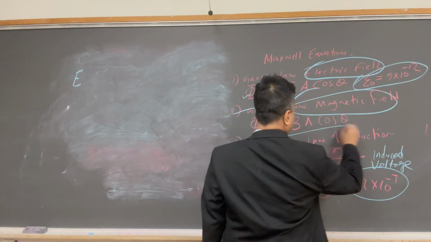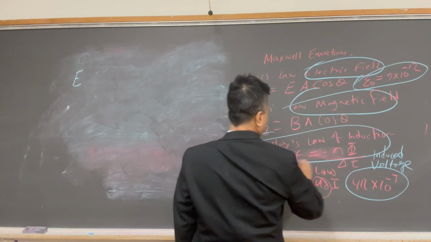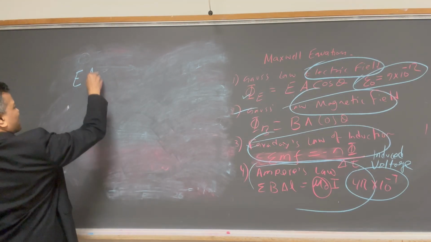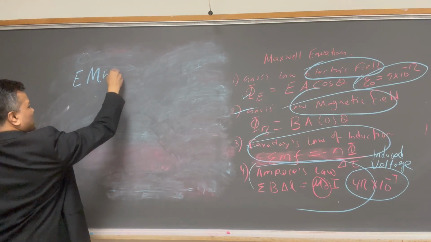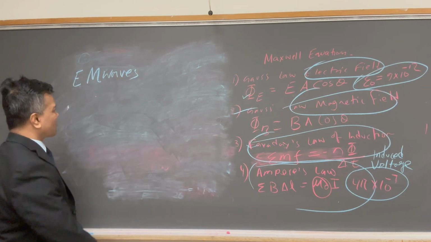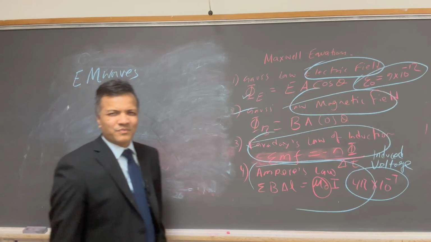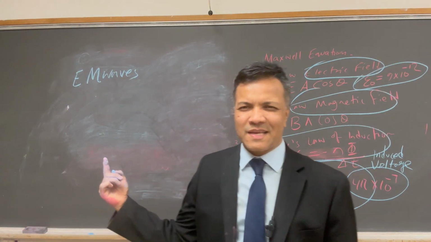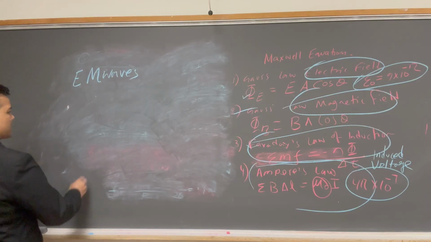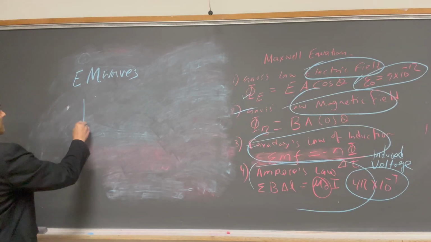This is also magnetic. This is also magnetic. So you're going to say EM waves. E for electric field, M for magnetic field, which is actually B. But we're simply going to say EM waves. All right. So what does E look like? You're going to get to draw it.